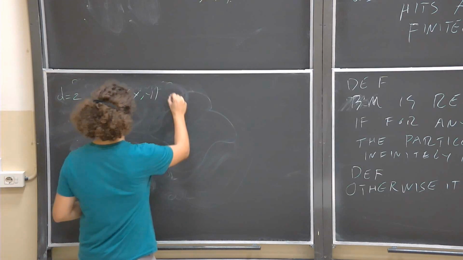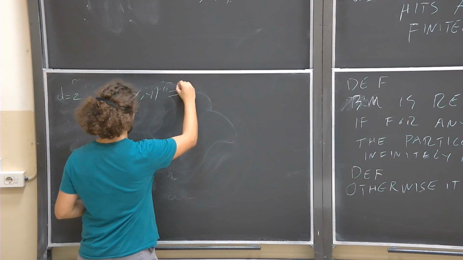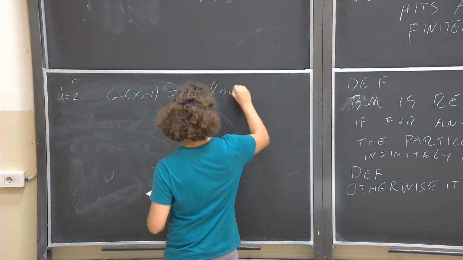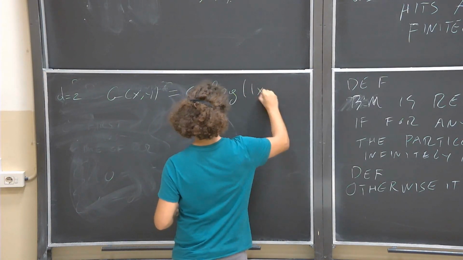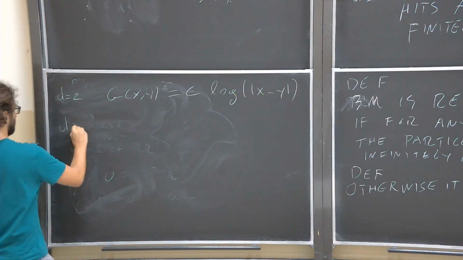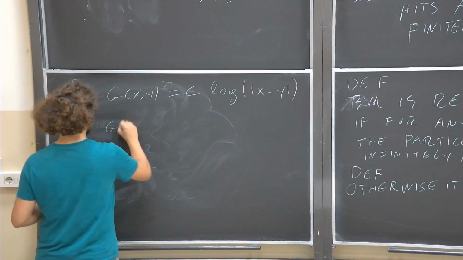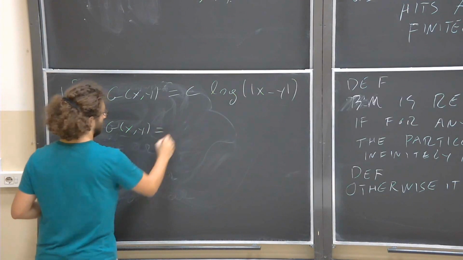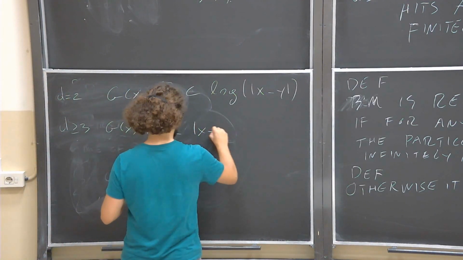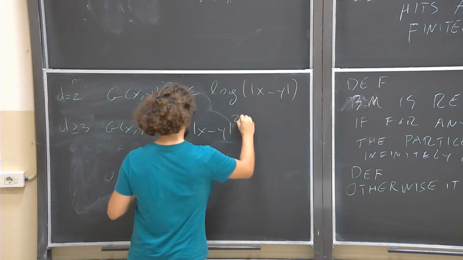The Green kernel has this form, up to constants: a constant times the logarithm of the distance of x and y. While for all bigger dimensions, it has a very different shape. It is a constant times this thing here.